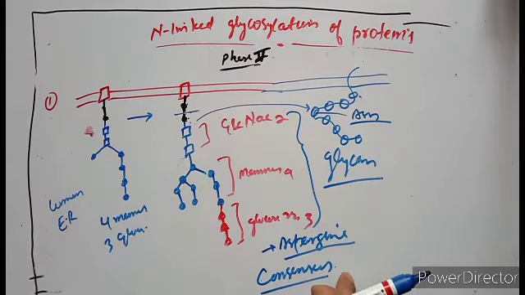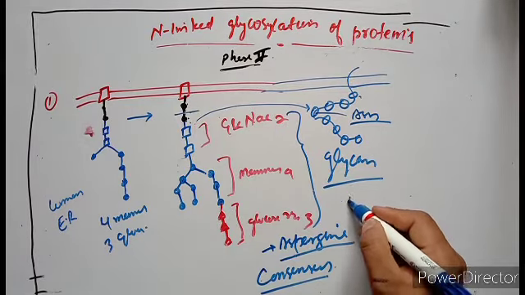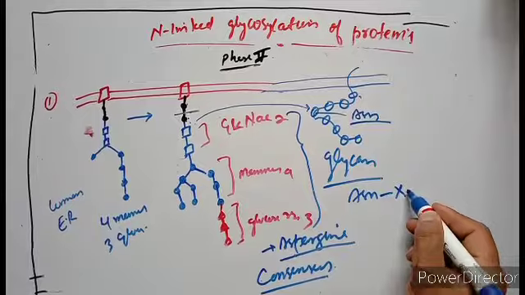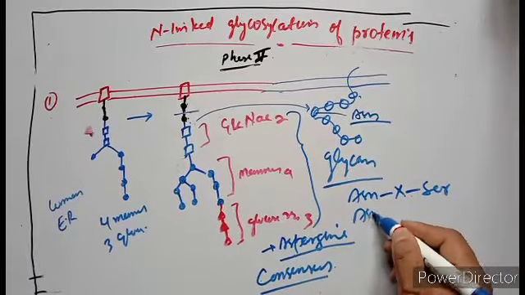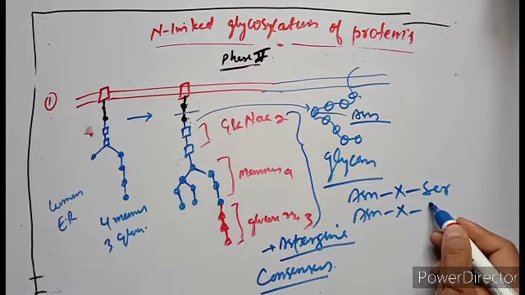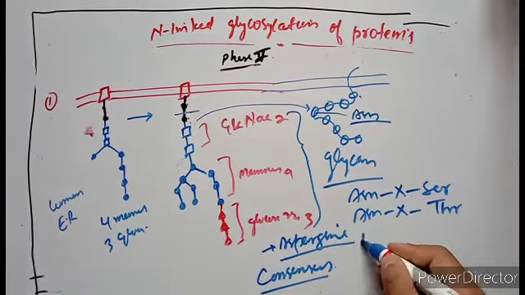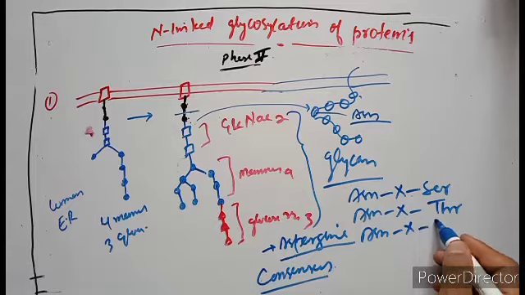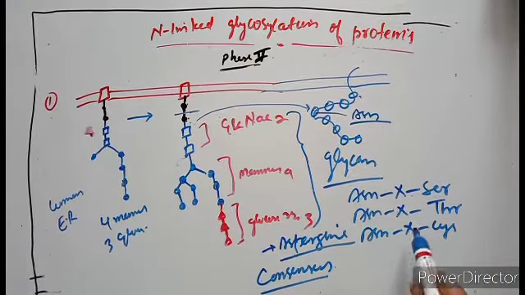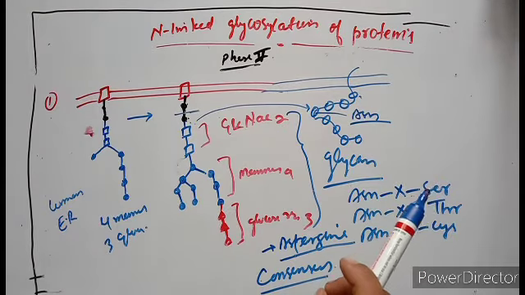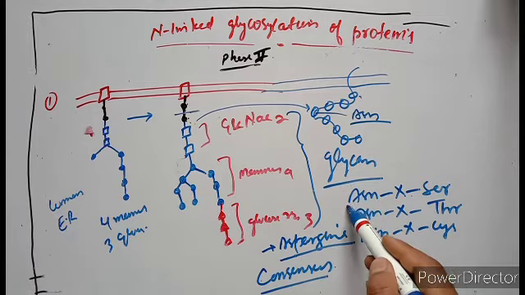So the asparagine must be located in that particular consensus sequence, and that consensus sequence is asparagine X serine, or asparagine X threonine, or in rare cases asparagine X cysteine. So this should be the order of the amino acids, that is asparagine X.